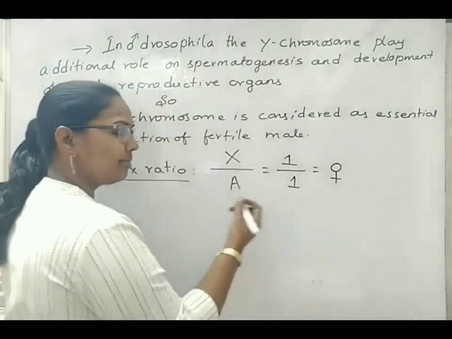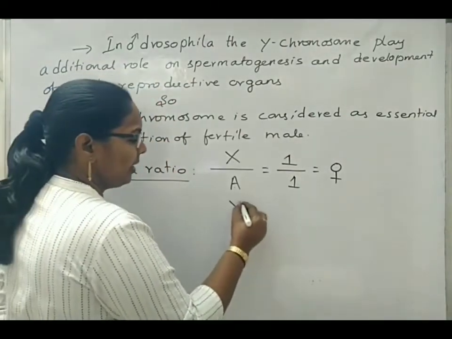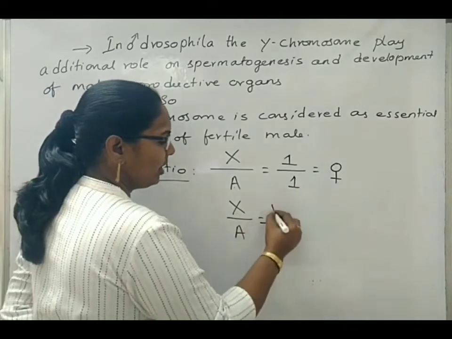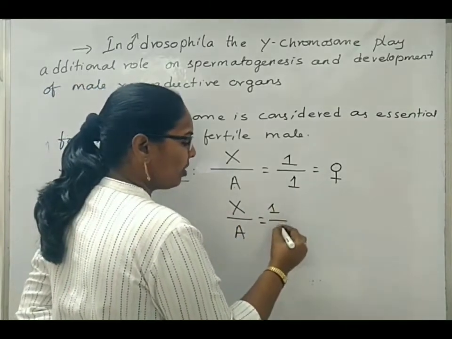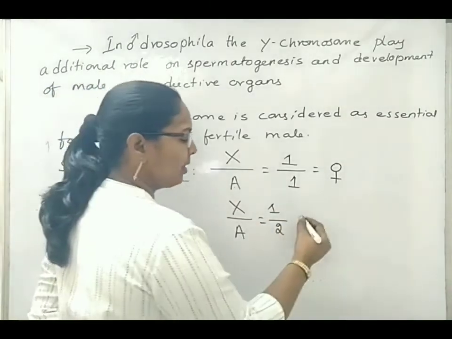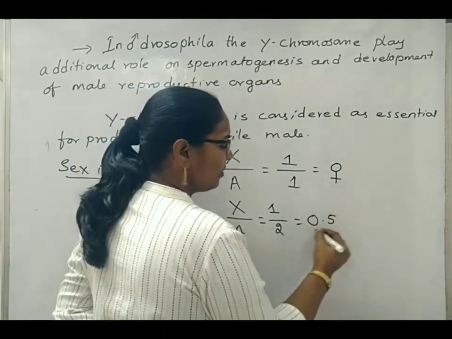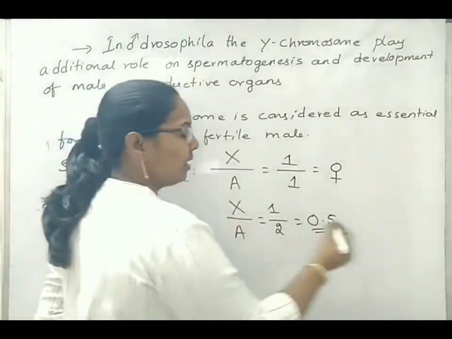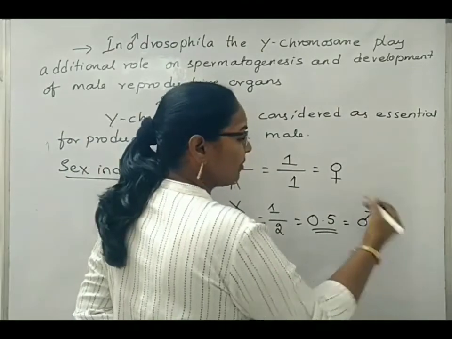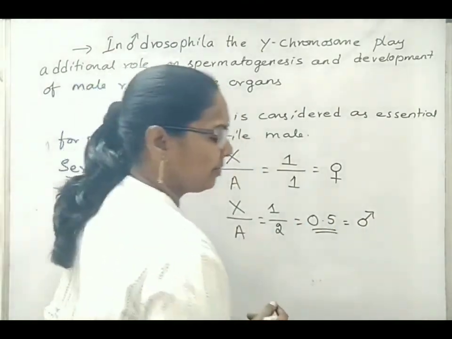Next, if the number of X chromosome is 1 and the number of autosomes is 2, then the answer will be 0.5, and such type of Drosophila will be developed as male.